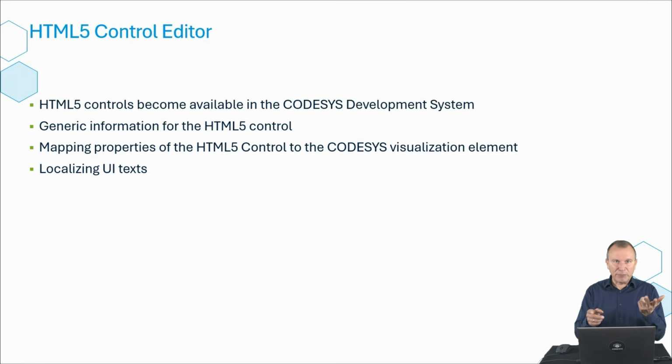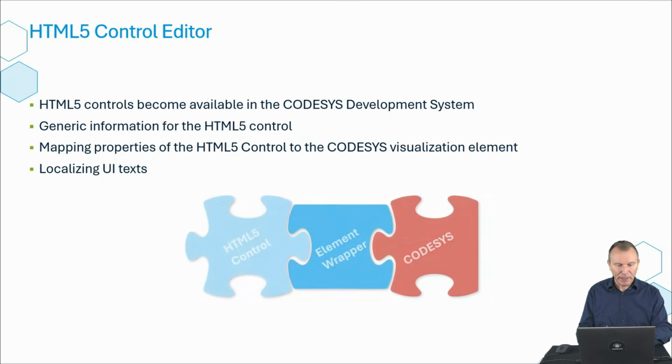And the third thing is the localization of the UI interface, because we want to have, in an English-switched CODESYS development system, of course, English text inside the property dialog for the visualization elements. Or if you have German or French or Italian or whatever language you speak, we want to have the right language. And this is, of course, necessary to bring inside the tool. So this is the purpose of the editor and the XML file we are generating with it.